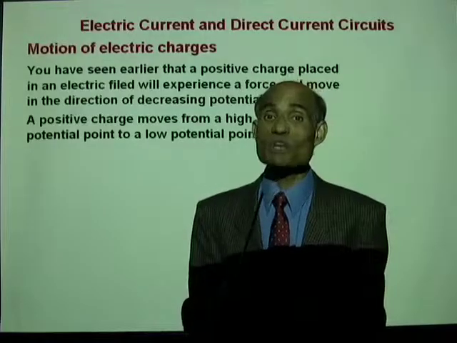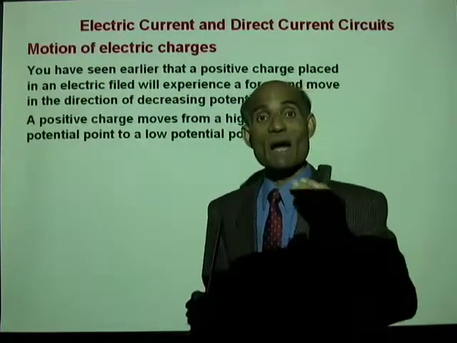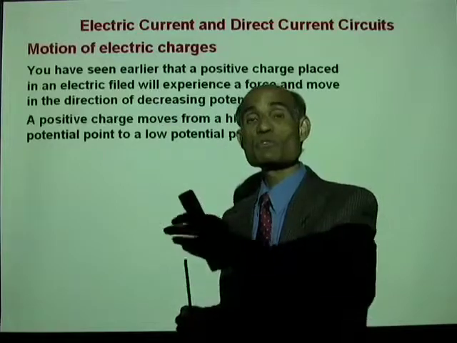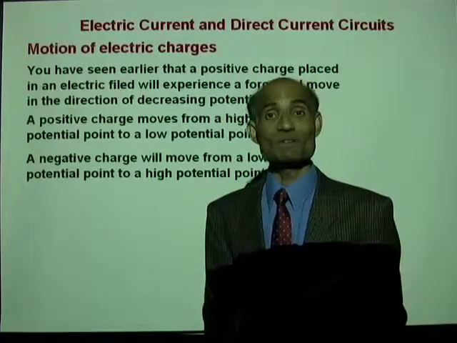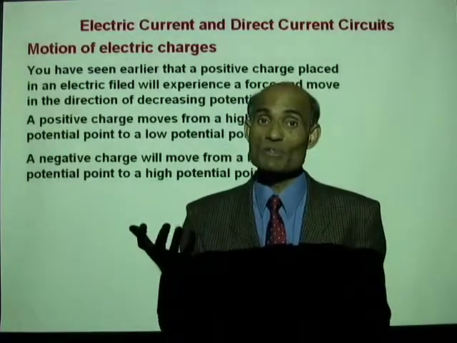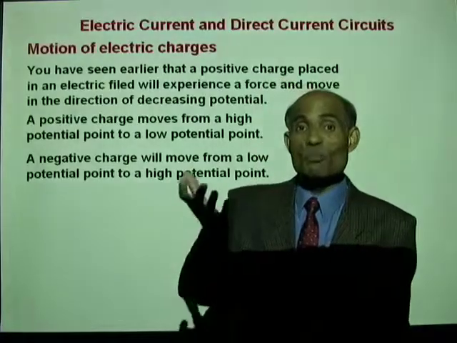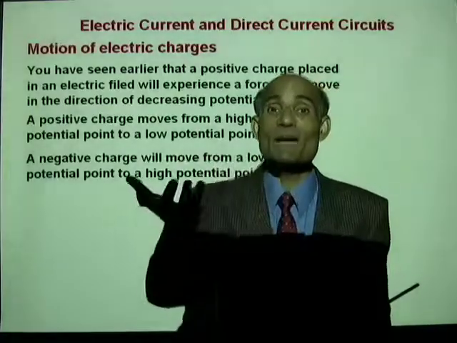So a positive charge will move from a high potential point to a low potential point, and a negative charge will move from a low potential point to a high potential point.